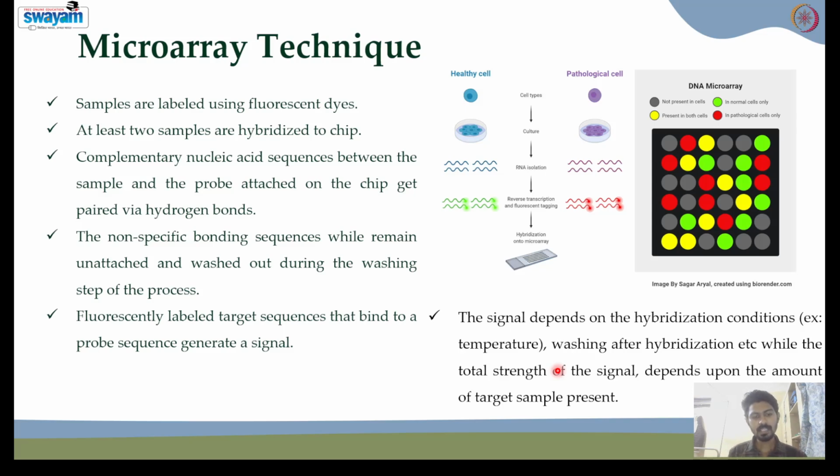So what happens here? The fluorescent labeled target sequence, that is our sequence which is already labeled, will bind to the probe sequence present in this chip and it will generate a signal. So depending upon the signal, we will get to know the amount of target sample present. If the signal is very large, then a large amount of sample is present in a given system.